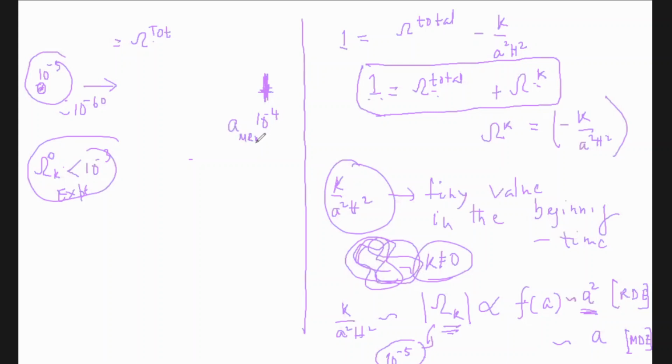So the scale factor changes by almost 10 to the power 56 times from the beginning of universe till then. Then how much will omega k be at the end of matter radiation equality? So I am doing this calculation from the beginning till matter radiation equality. This will go as a squared, and this is 10 to the power minus 4 a.